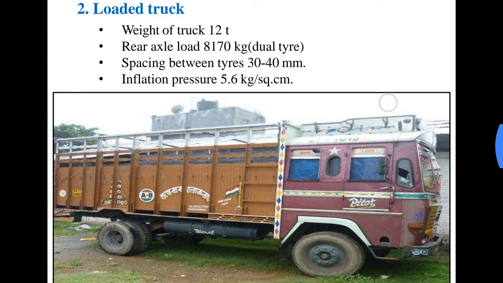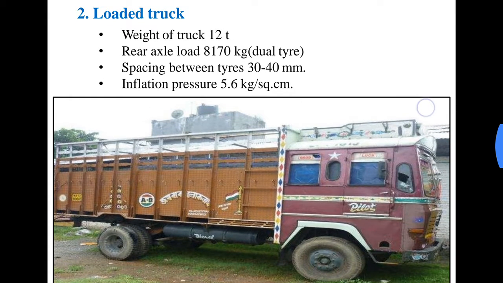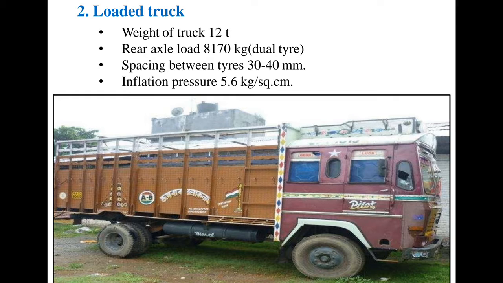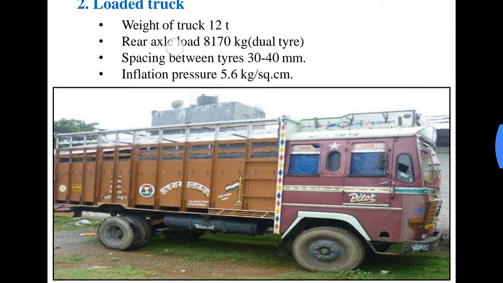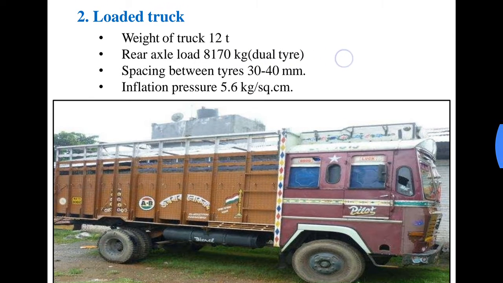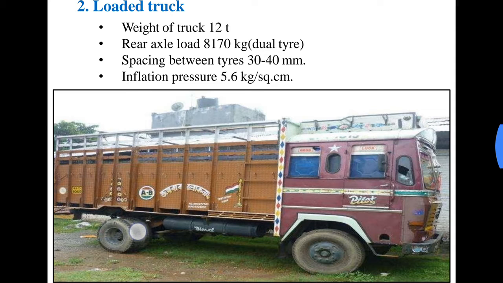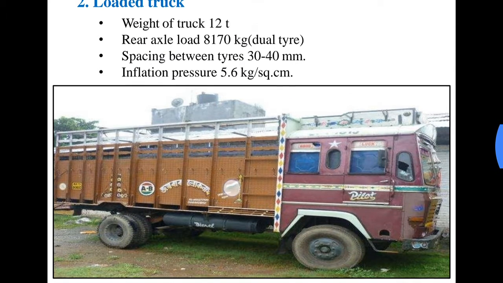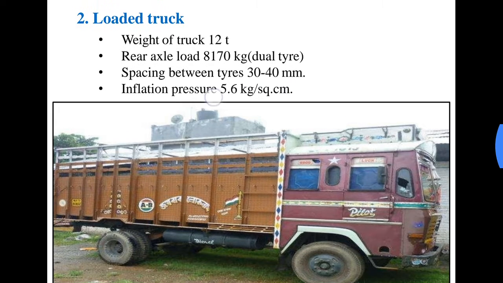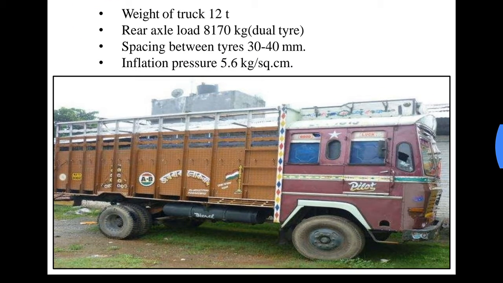Now the next requirement is a loaded truck. Okay, so the weight of the truck should be 12 tons, rear axle load, which is a standard 8170 kgs, and dual tire assembly on each side. Okay, spacing between the tires should be 30 to 40 mm, and inflation pressure should be 5.6 kg per square centimeter.